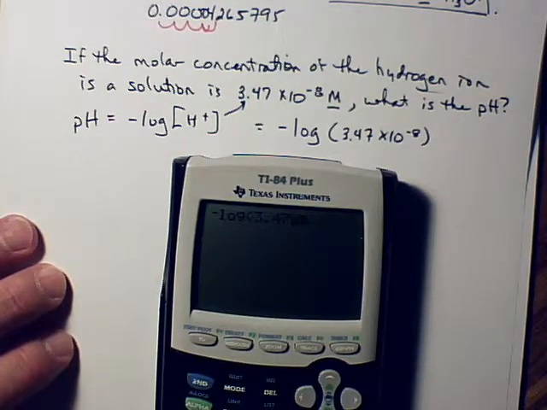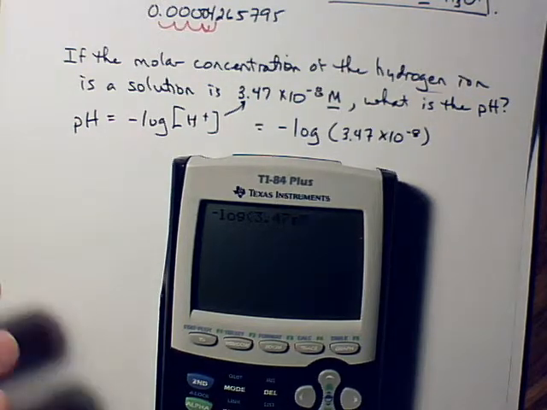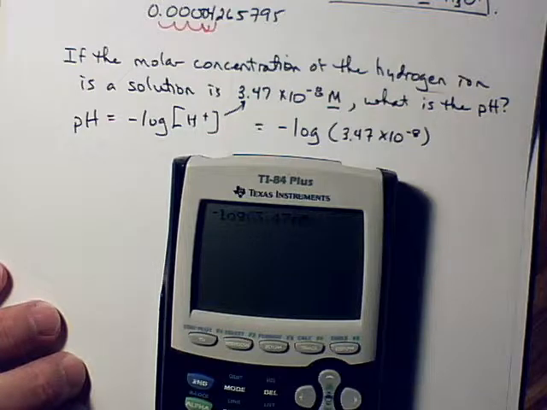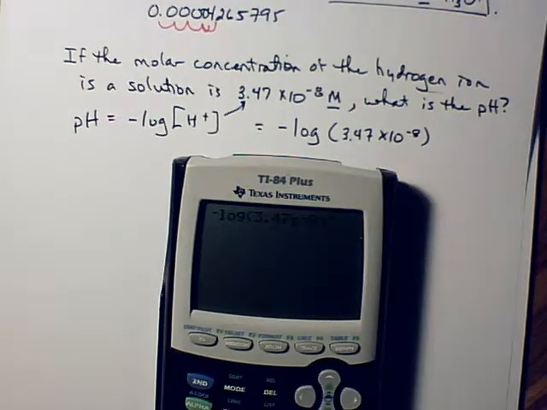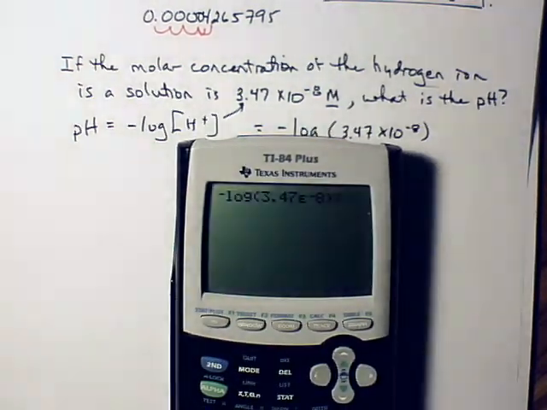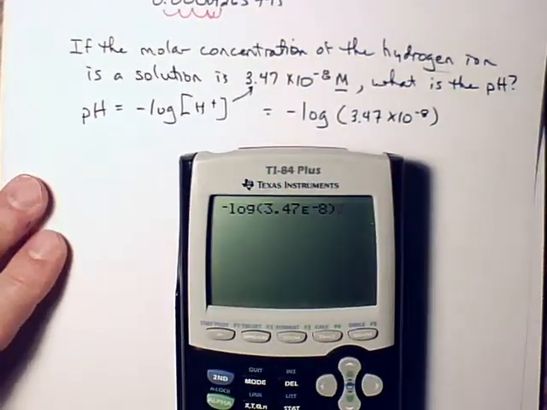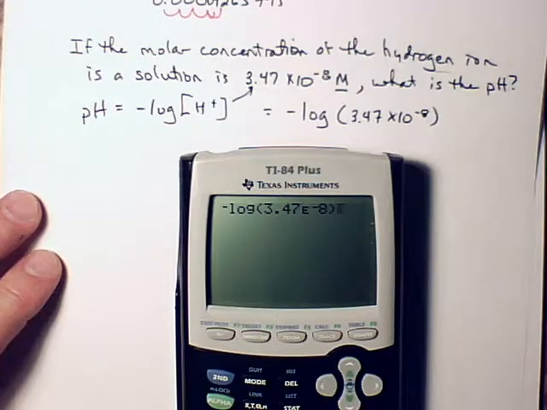Actually, I can do this double E button to get that, because that means the same thing as 10 to some power, negative 8. I think you can put it in like that on that calculator.